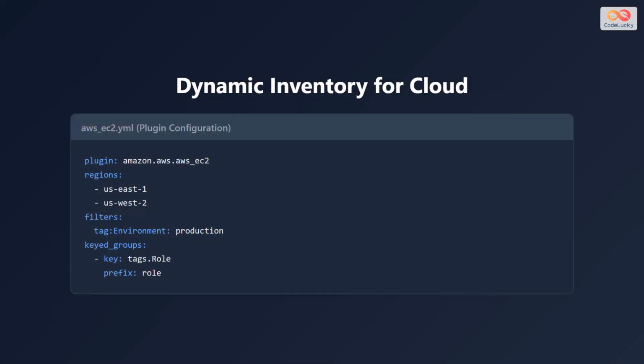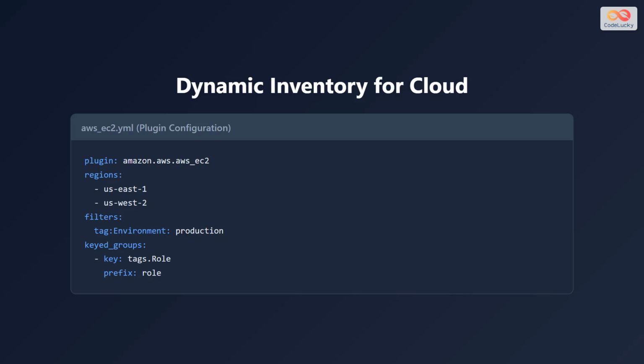Dynamic inventory is a powerful feature that automatically discovers your cloud resources. Instead of manually maintaining a static list of IP addresses, Ansible can query your cloud provider's API to get the current list of instances. This example shows an AWS EC2 dynamic inventory configuration. The plugin is set to amazon.aws.aws_ec2.